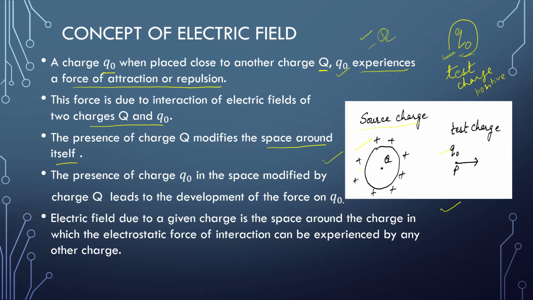And therefore, what is electric field? How can we define electric field? This is the definition of electric field. Electric field due to a given charge is the space around the charge in which the electrostatic force of interaction can be experienced by any other charge.